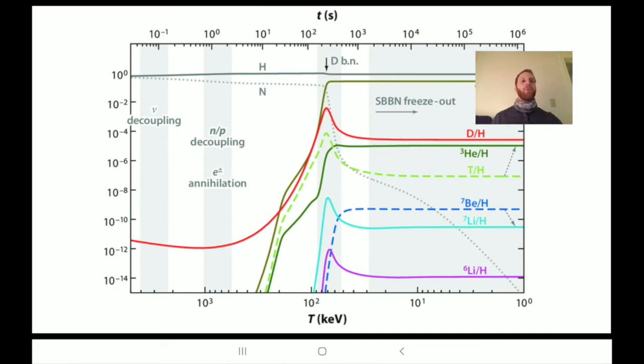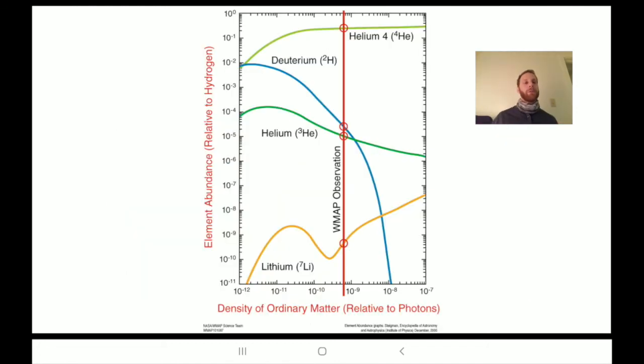And the great thing, the amazing thing about all of this is that the predictions for the abundances of these elements depend on, as it shows here down on the bottom axis, the density of ordinary matter relative to photons. In other words, it depends importantly on the baryon to photon ratio, which can be determined, for example, from the CMB. So there's already a prediction that goes into the BBN model.